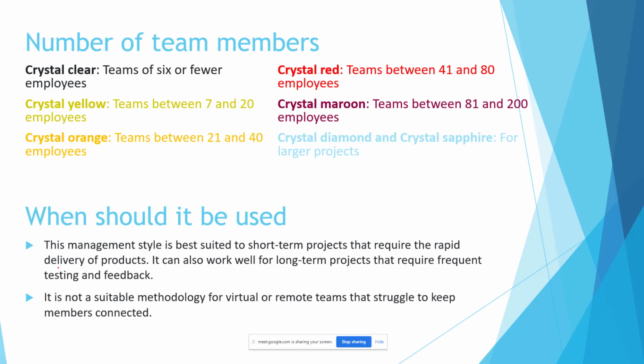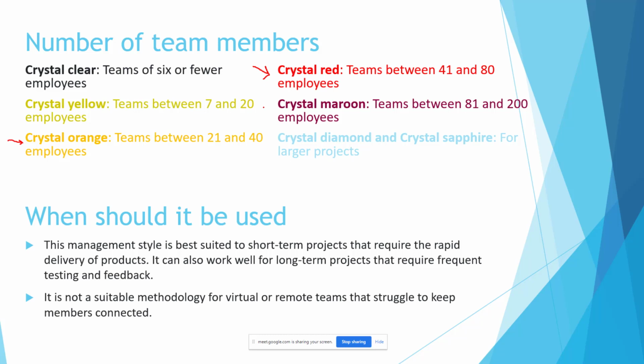Crystal Orange is for teams between 21 and 40 members. It's where teams are split according to their functional skills. These are generally for big projects that last between 1 or 2 years. Crystal Red is for projects between 41 and 80 employees.